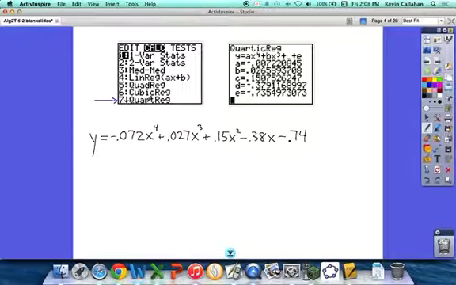So you want to get down to calculate, and when you do, you're going to get the standard form of a quartic function, with A, B, C, D, and E as all the coefficients, and then it gives you the values for A, B, C, D, and E. I rounded to 2 decimal places for all of those.